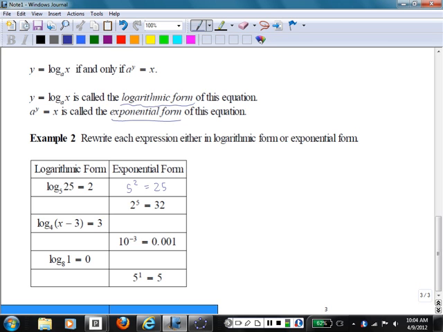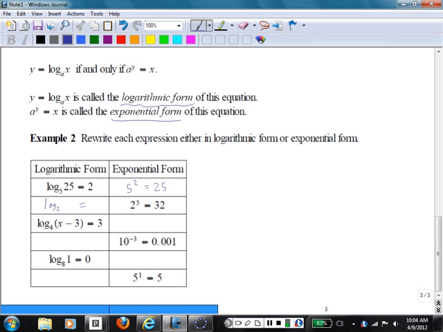Back the other way, we've already seen this one a couple of times, but the base of the exponential expression, the number that's getting raised to a power, is 2. So that's going to be the base of the logarithmic expression, log base 2. Now the next number I would write, because for me personally, even though I've been doing this for a decade or two, it's more challenging for me to go from exponential form to logarithmic form than from logarithmic form to exponential form.